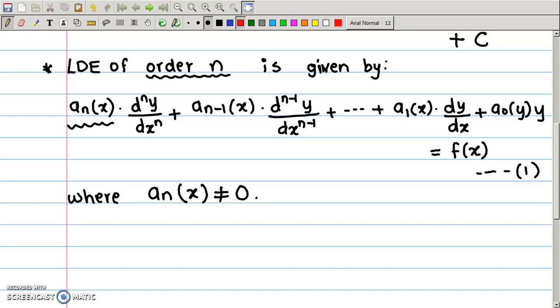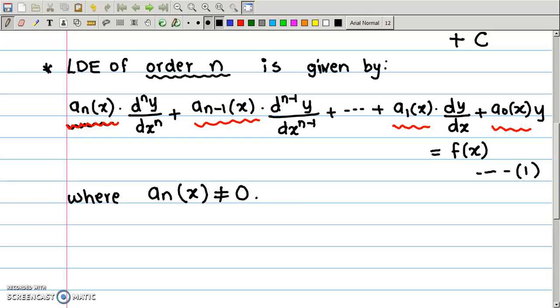Now there are two important components in any linear differential equation. First one is the differential coefficients in the differential equation, that is a n minus 1, a1 up to a0. I'm sorry, this a0 is a function of variable x.